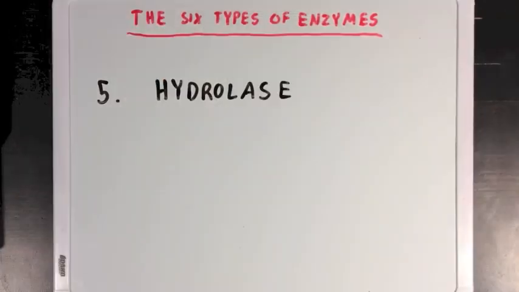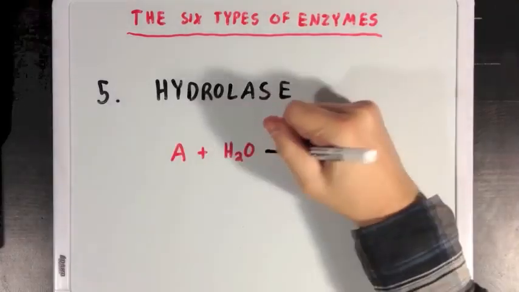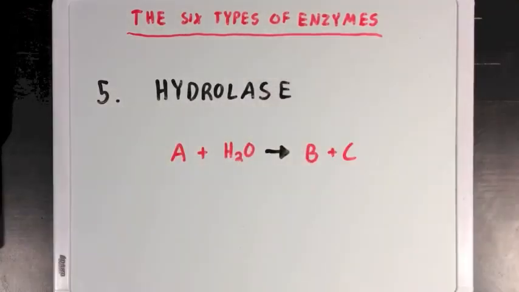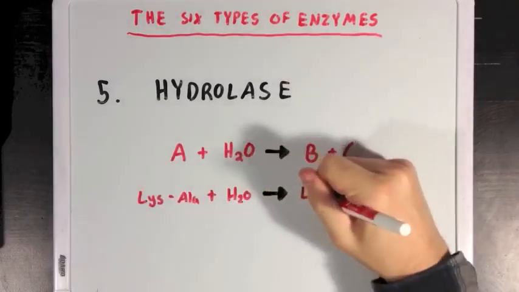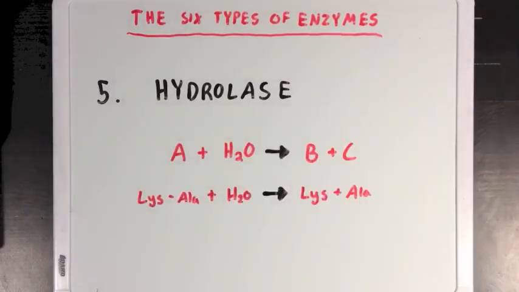Now, our next category is the hydrolase category, and hydrolases use water to cleave a molecule like molecule A into 2 other molecules, B and C. And a great example of one of these reactions is the hydrolysis reaction that can occur to peptide bonds. And if we have this lysine-alanine dipeptide here, it could be reacted with water to form two individual amino acids that are no longer bound.